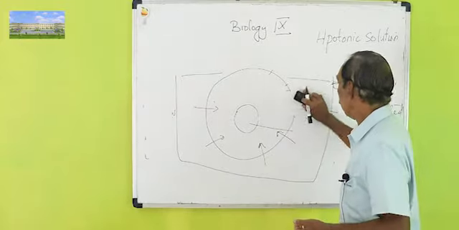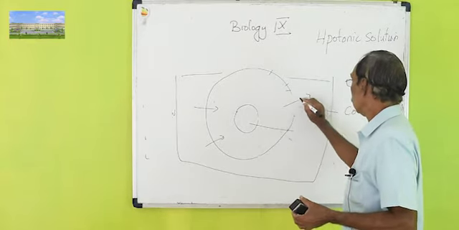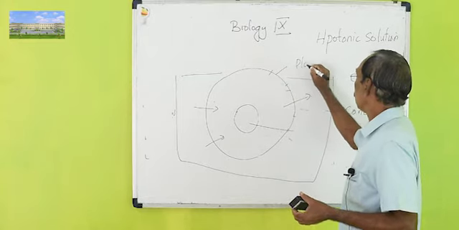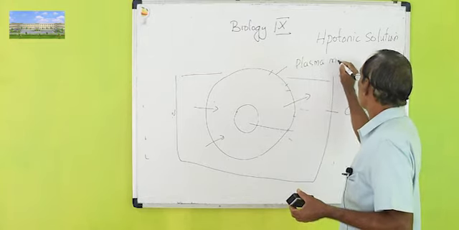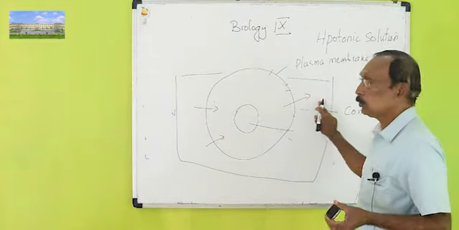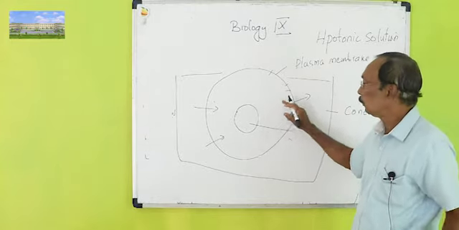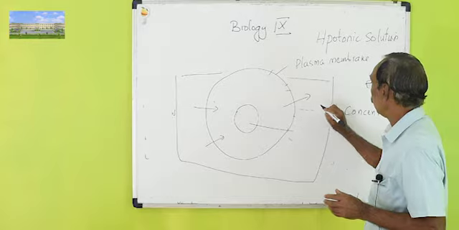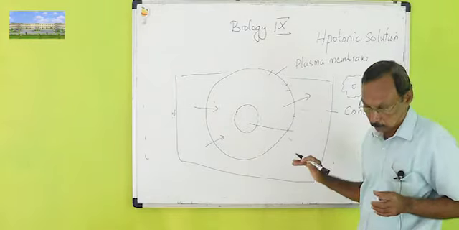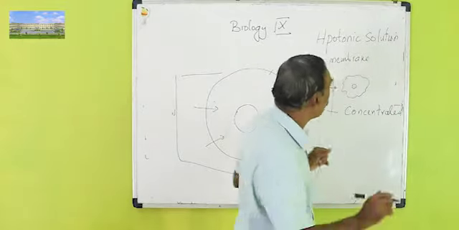Water from inside will go out of the cell through the plasma membrane. After some time, you can see the cell will shrink because of the loss of water. This kind of concentrated solution is called hypertonic solution.